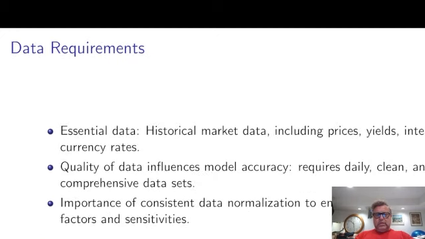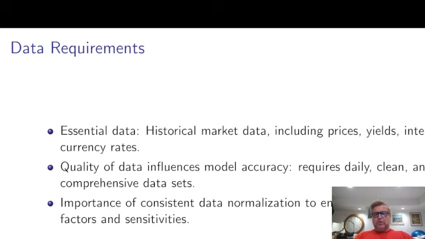So what do we need to calculate parametric VaR? First we need historical market data. That is not really to calculate something based on historical market data, but it's input because we need the volatilities and the covariances of market data.